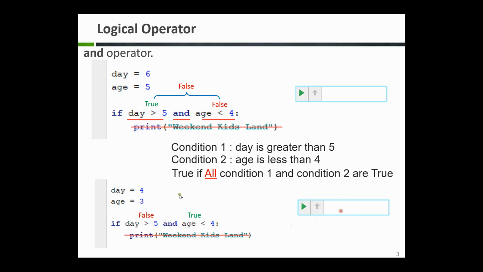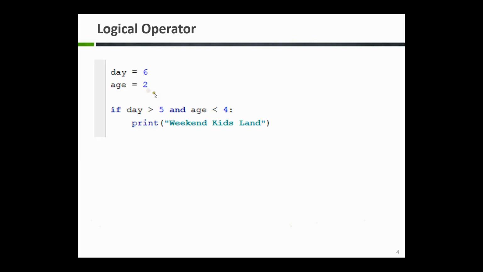So you don't print anything. Look at this example: day equals 6, age equals 2. Day bigger than 5 returns true because 6 is bigger than 5. Age less than 4 is also true because 2 is less than 4. Both conditions are true, so it returns true, and you will print weekend kids land.